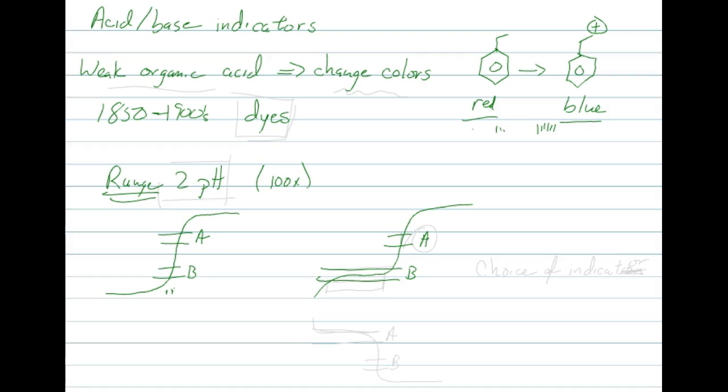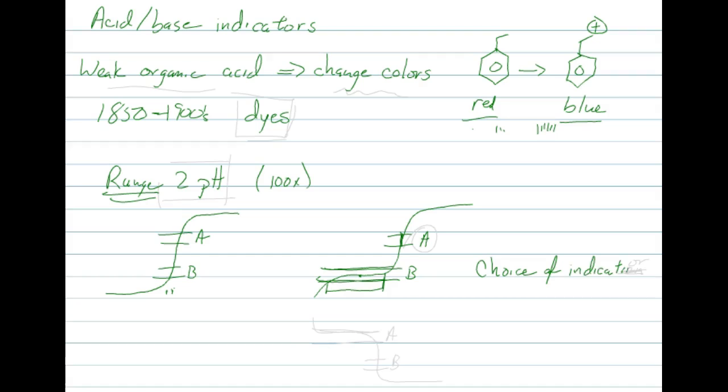You do not want your indicator to change in the buffered solution, because it will gradually change color. It won't be one or two drops like here. It might be 40 to 50 milliliters, so it takes a long time to do that. So you do have to make sure you know the choice of indicator.